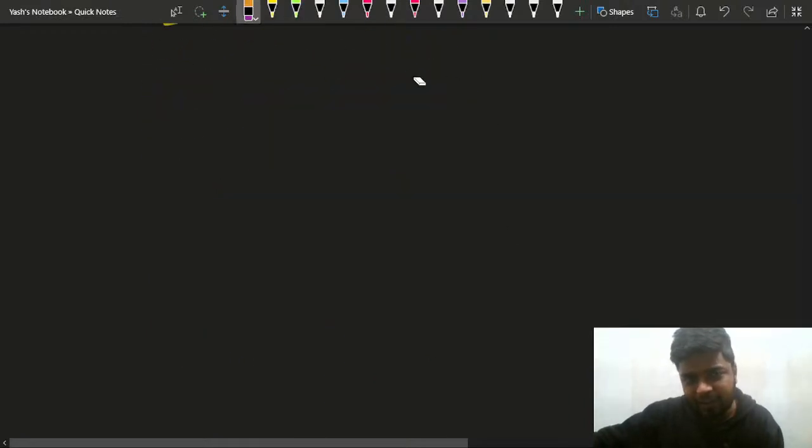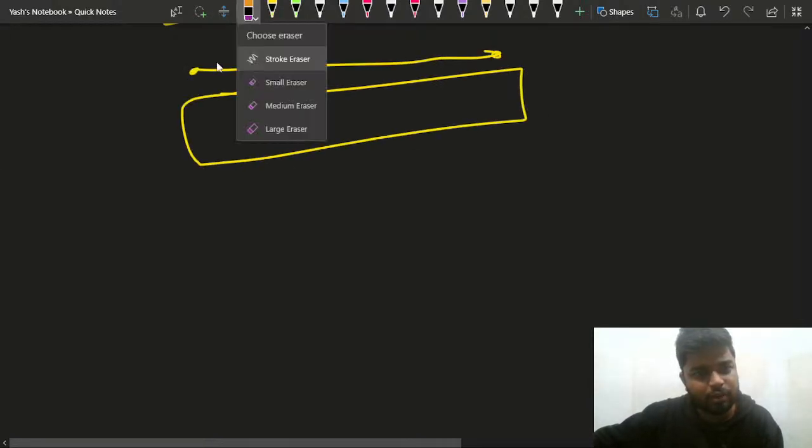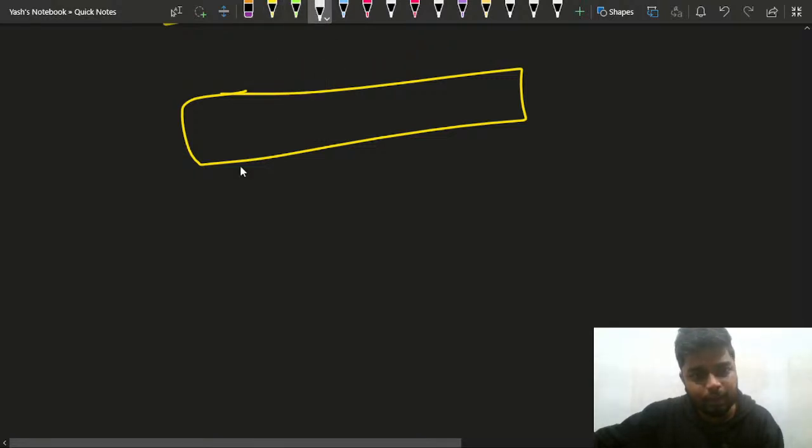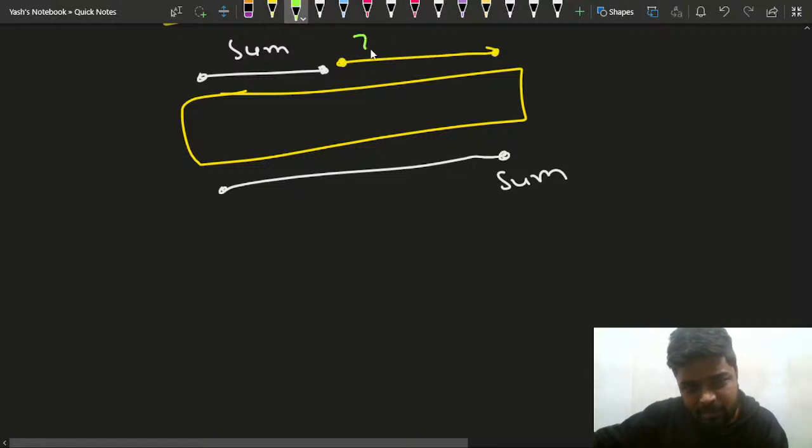Can I say that if I put an observation on this, let me just write it again, right? From here till here I have sum as sum, and from here till here I have prefix sum as sum, so that would simply indicate that this much part would have a zero sum, right?